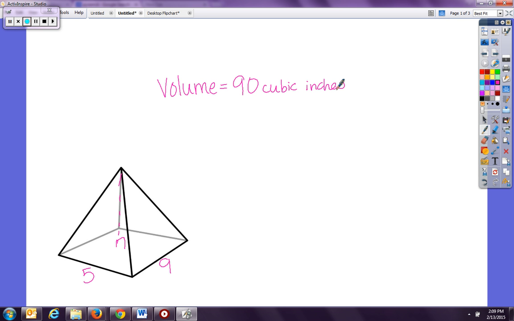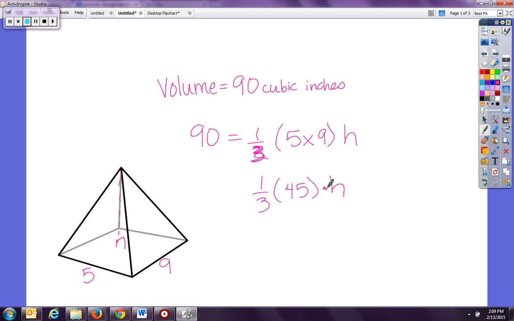6, because when we work backwards, we would start with 90 equals 1/3 area of the base, 5 times 9, I'm sorry, 1/3, not 1/2, times the height. And now I would just work backwards. I would get 1/3, 45 times h equals 90.